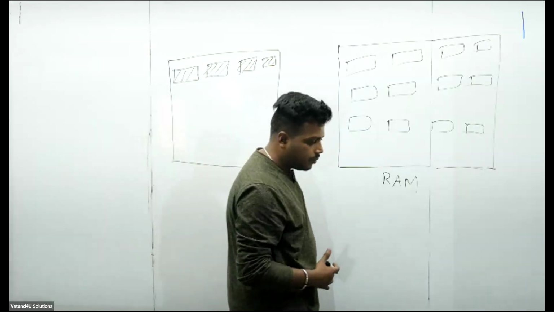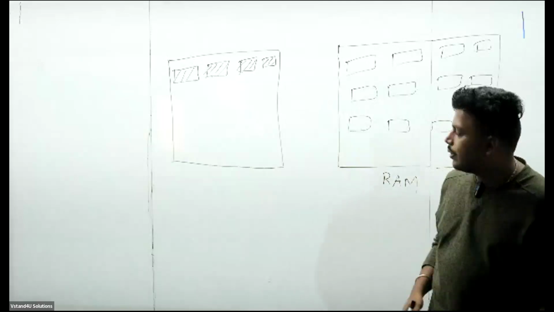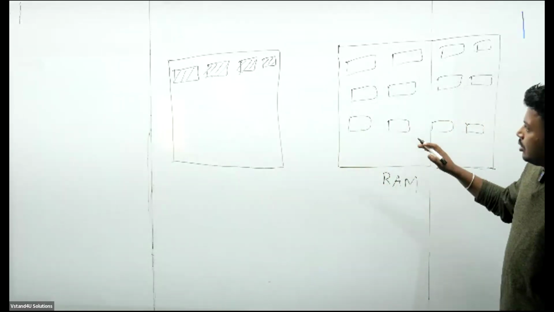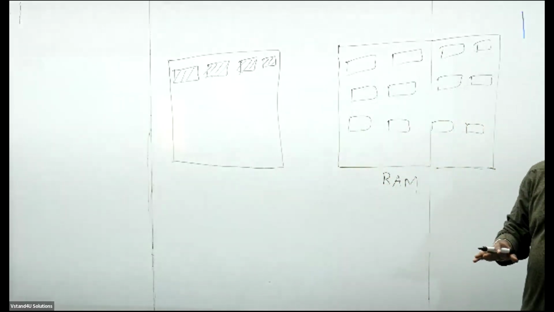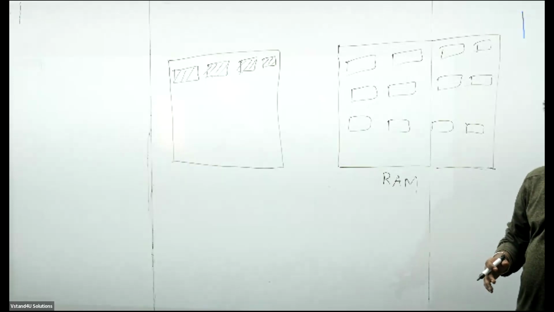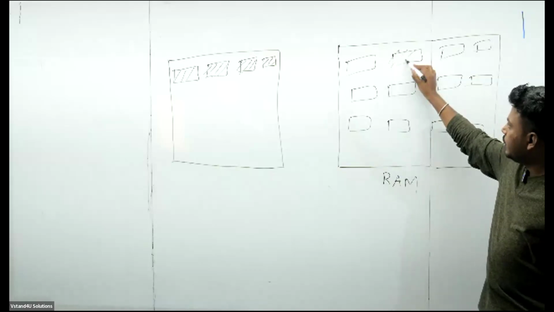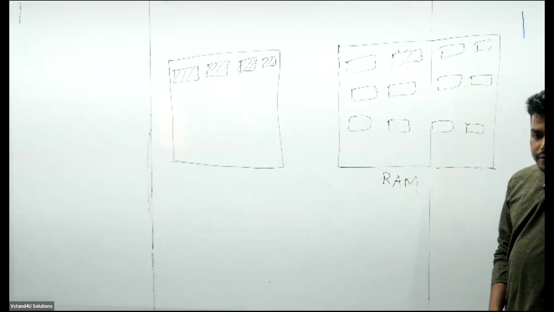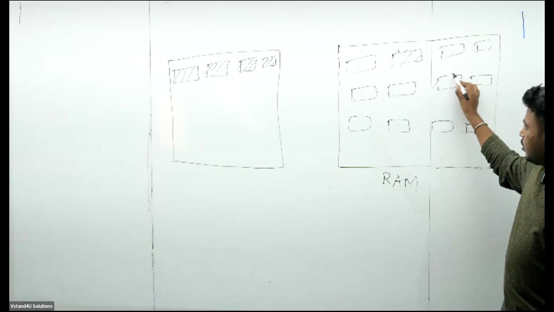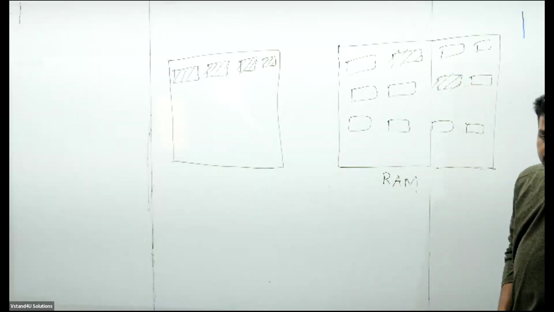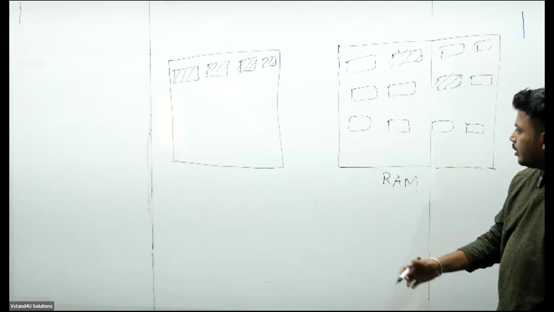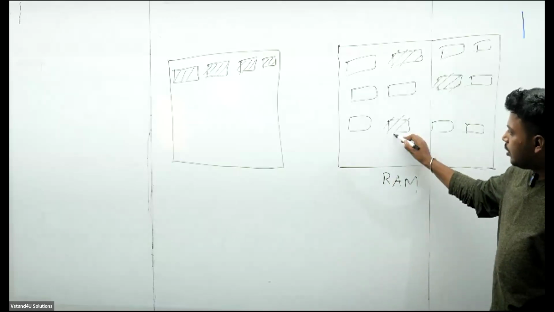Now I come to this part. See, in the system, we have installed many software. If I open the Chrome browser, it will allocate this area.